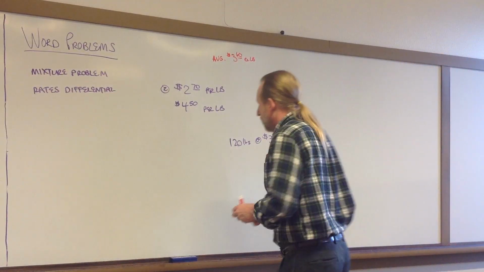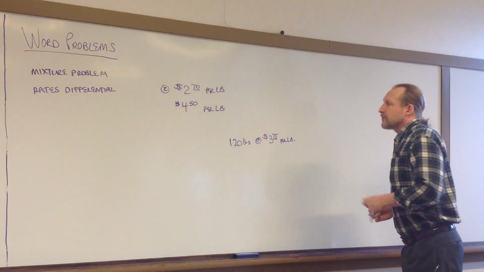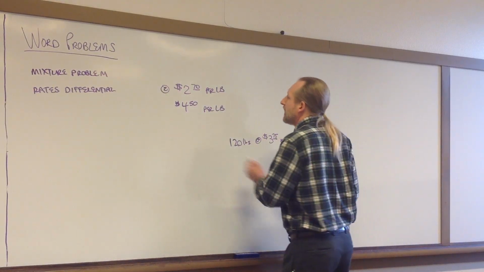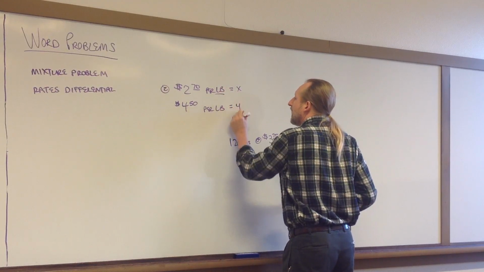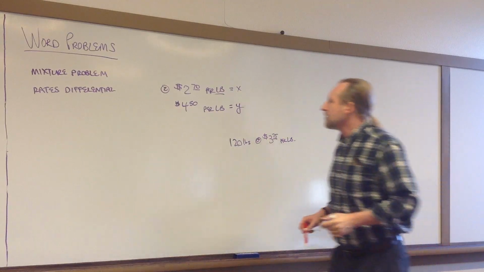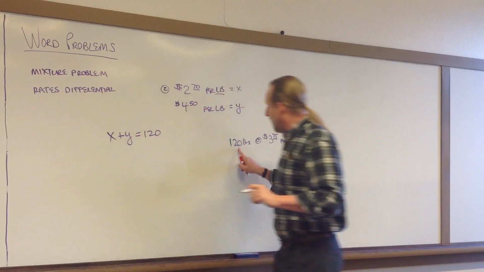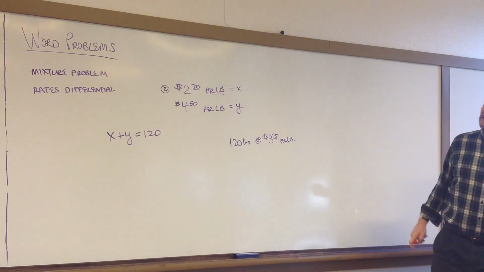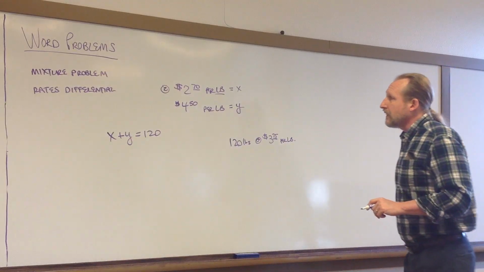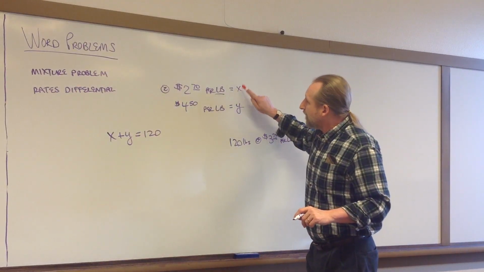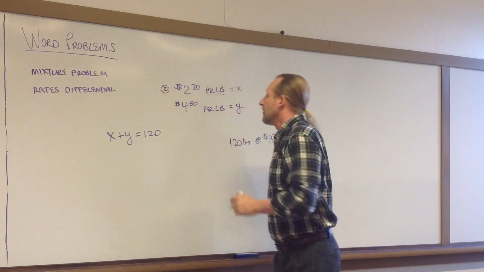All right, so I mentioned we can do this two different ways, okay? One way is to say, let's call the number of pounds for this one x, and the number of pounds for this one is y, and then we know that x plus y is going to have to add up to give us 120 pounds of cookies, okay? Now, when it comes to the cost, if you take the number of pounds times the price per pound, then that'll be the cost of these cookies.